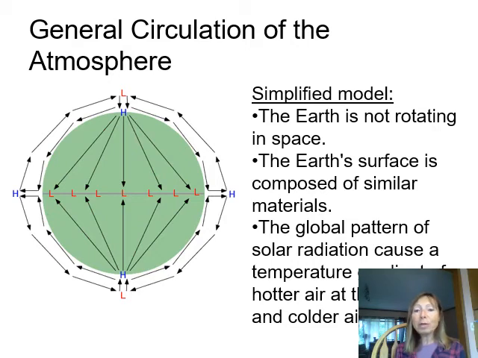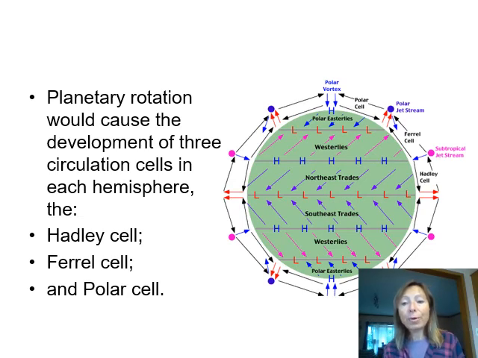So this will be a very simple global pattern of the solar radiation that would be just causing this distribution of the temperature. But because our Earth is rotating and we do have the Coriolis effect, three major cells have developed both in the northern hemisphere and in the southern hemisphere in the overall system of atmospheric circulation.